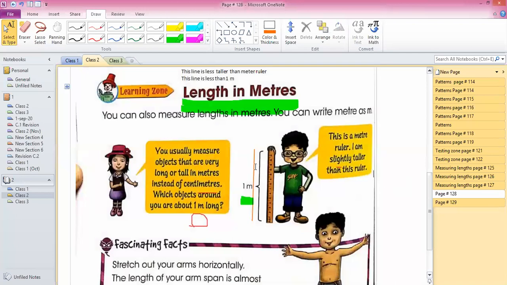Very good. Okay. If I change the length again, now if I ask you, this line is dash than 1 meter tall: more than, less than, or about to.